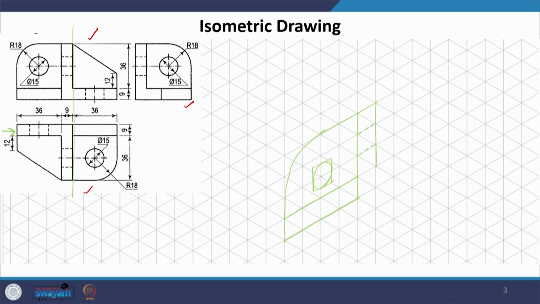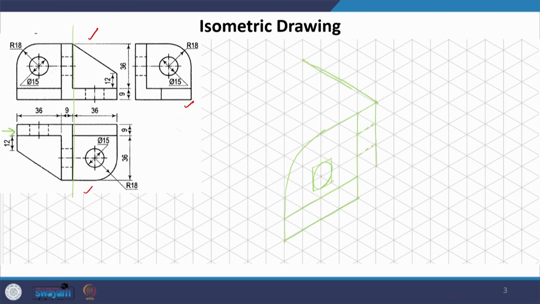Now, overlap it with the plan. So, what we see in the plan is, or maybe I can project it if I were to draw it in the back, then I could have projected, but since I do not have space, I will just make it towards the back of it. So, what we have here is, I am drawing only this part of the plan.